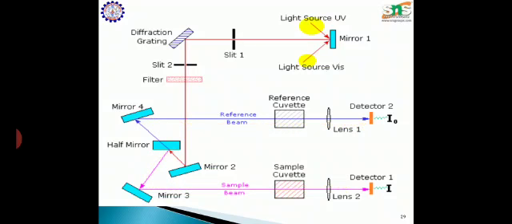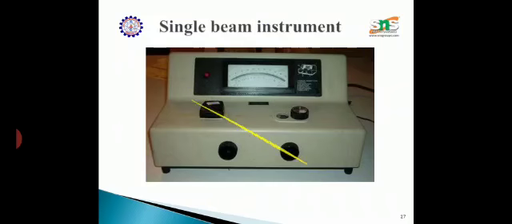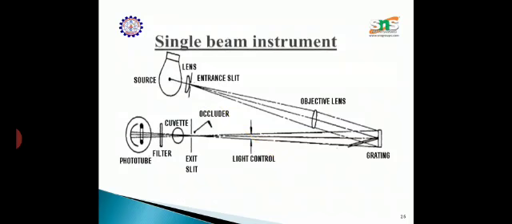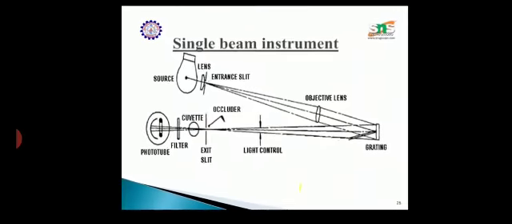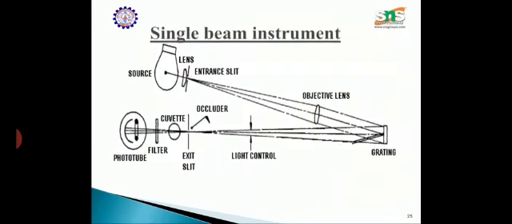There will be a comparison, and the reading will be in the manner of our requirement. But in the single beam there is no comparison. We use only one cell here.